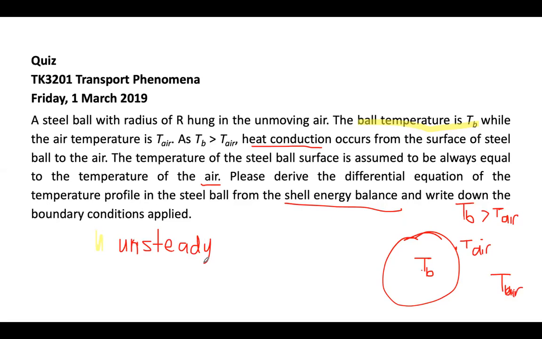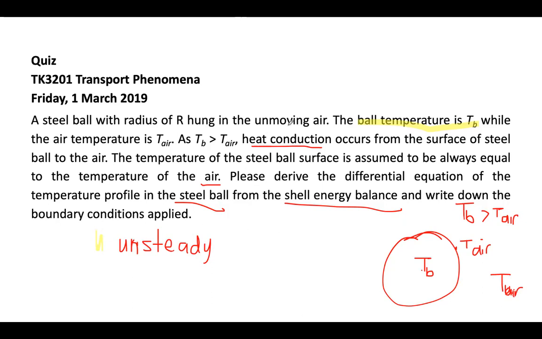It has been boiled, and then you immerse it in the cold water, of course the temperature will change inside the steel ball or inside the egg. Because the temperature will change as it's immersed in the cold water, or in this case, immersed in the air, what happens? There would be a temperature gradient. Okay.